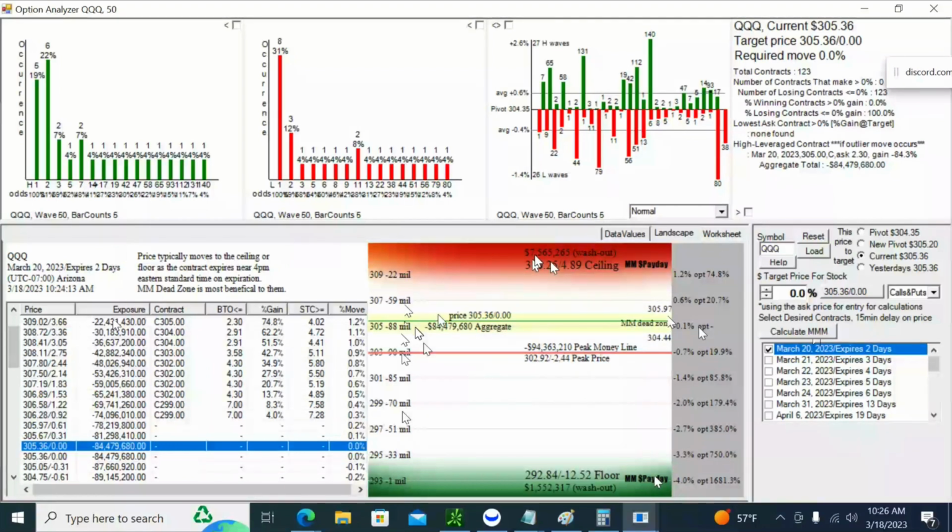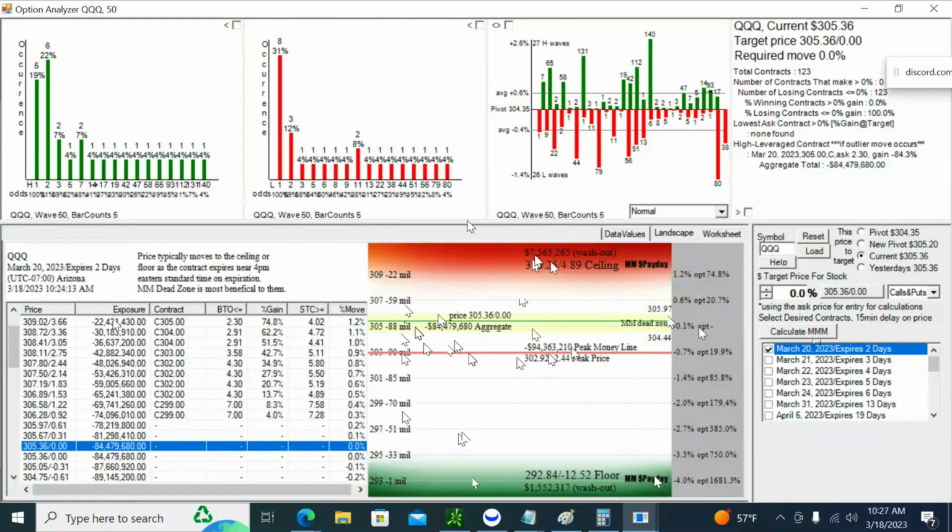The peak money line is where they would owe the most. And sometimes what happens, there are so many calls up here and so many puts down here that they kind of get trapped. And I've seen it almost land right on peak money, or right around peak money, from time to time. It's because they can't hardly move it without starting to tack on tens of millions of dollars in either direction.